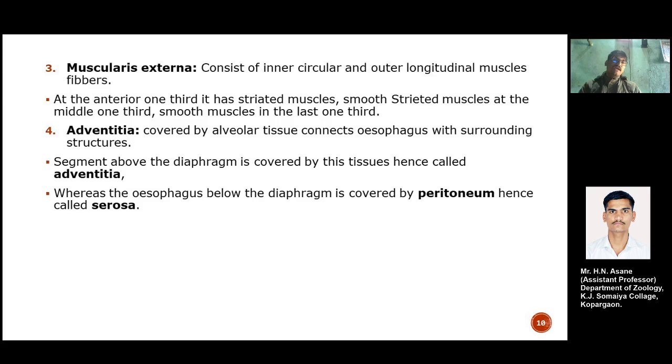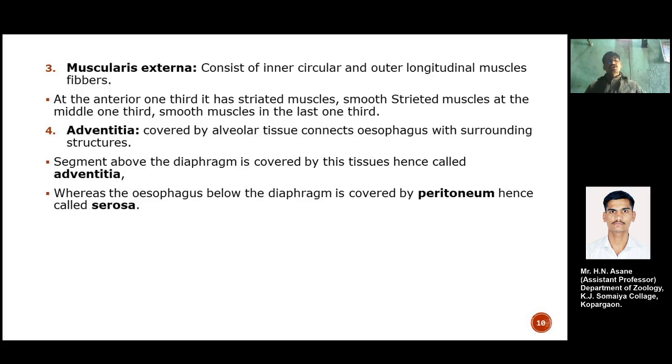The anterior one third of the muscularis externa has striated muscles, which provide structural balance.